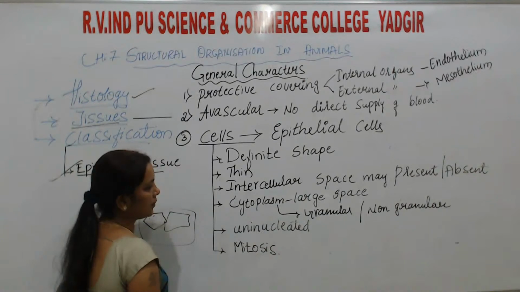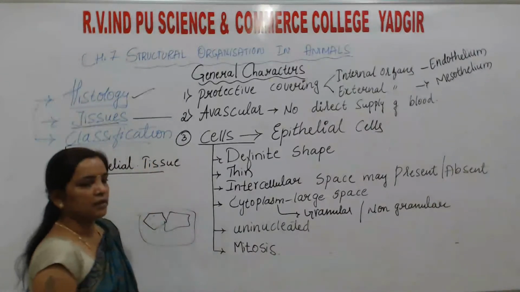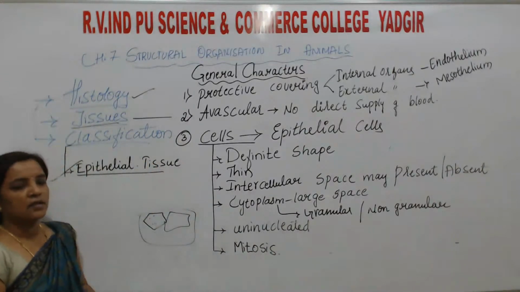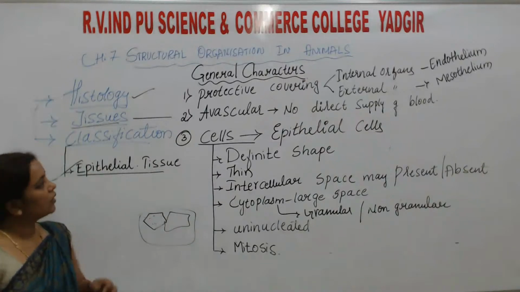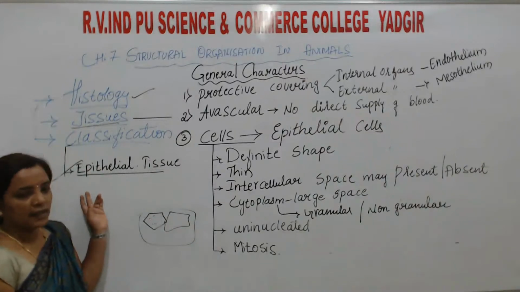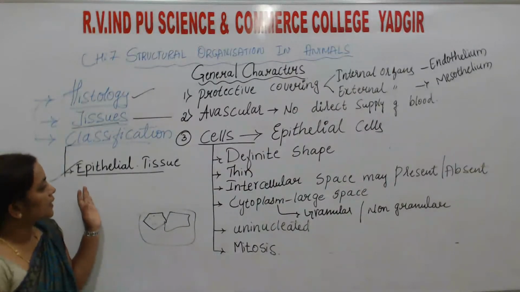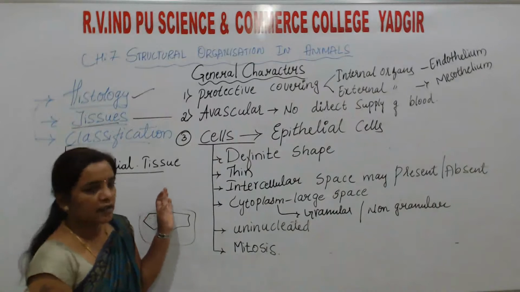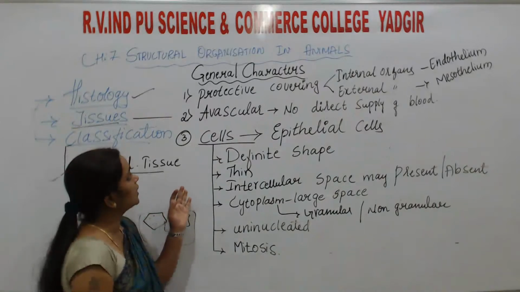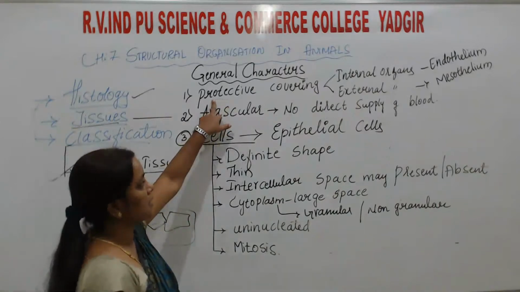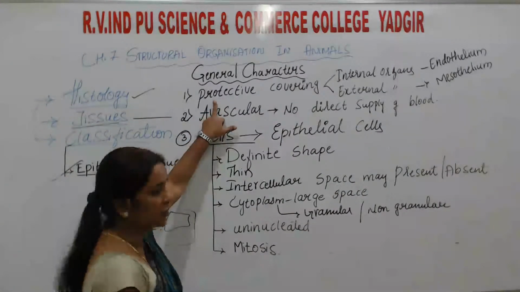So these are the general characters of the epithelial tissues. Understood? What are the general characters here? General characters about the epithelial tissues.